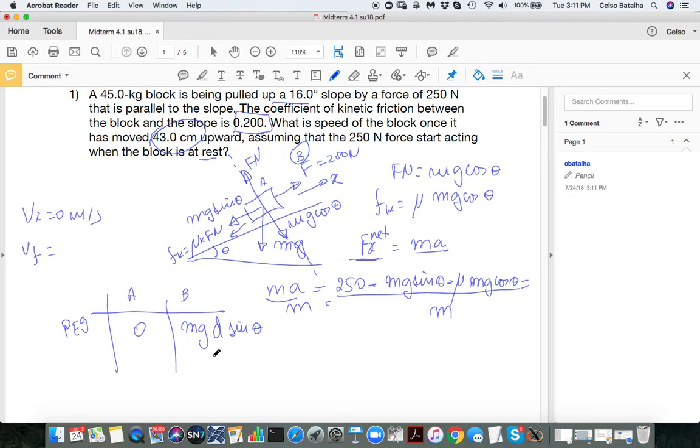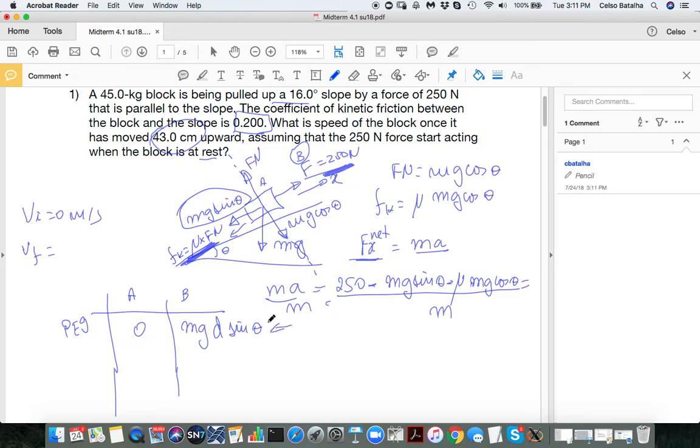Okay, I think who tried to do energy got this right, but here was the problem. If you do take gravity into consideration, when you do the external work of the net force, you include friction as an external force, but you don't include gravity, because gravity is already taken care of here.